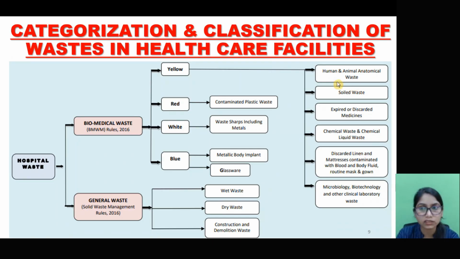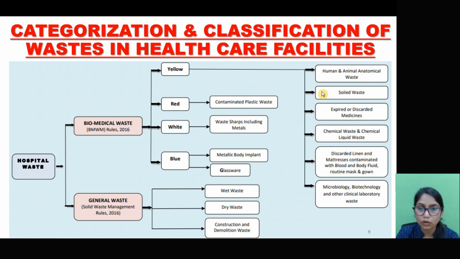So whatever the waste will be, whether it is solid waste, right? So it will be coming in the yellow one. Okay. And solid waste, expired or discarded medicines, chemical waste, chemical liquid, discarded linens and materials, and biological and other wastes. So even they are there. Okay, so all these will be coming in the yellow waste.